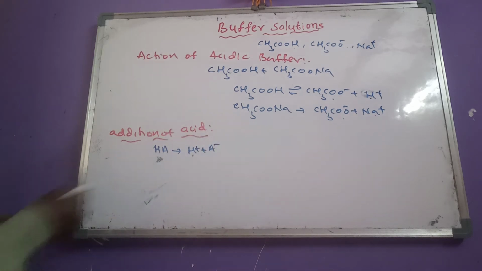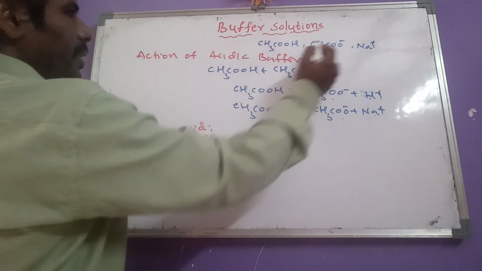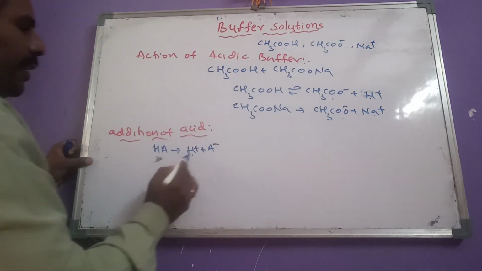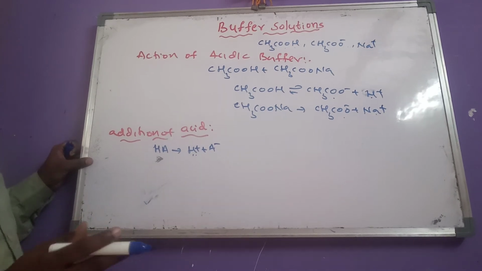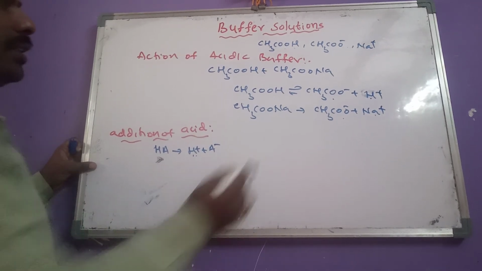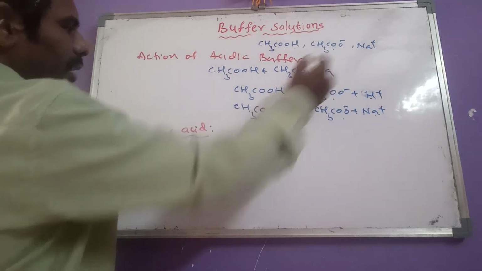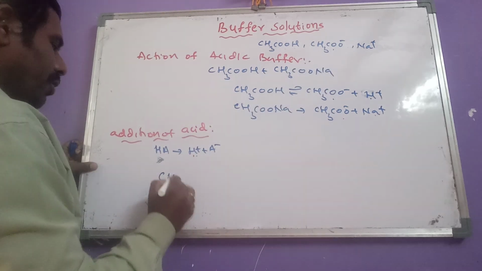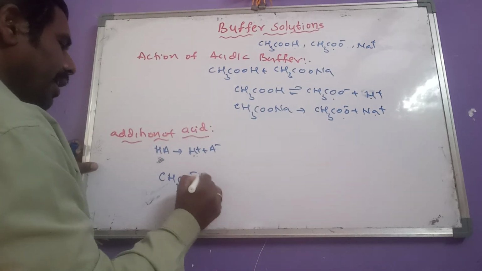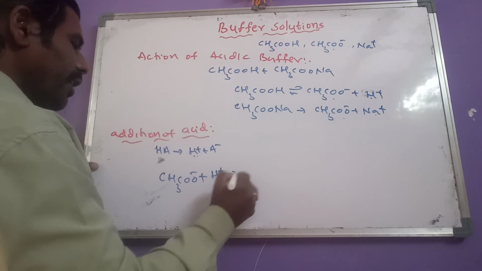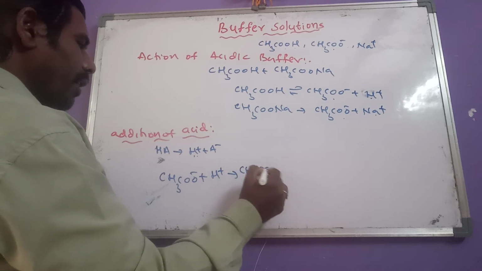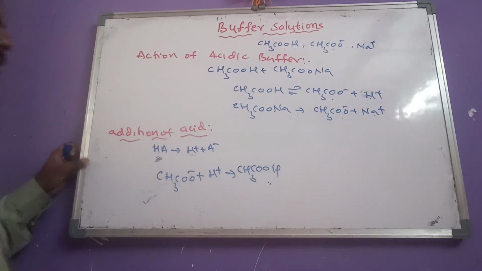Acetic acid and H plus ions: no reaction we expect. But acetate and H plus ions will combine to give undissociated acetic acid.